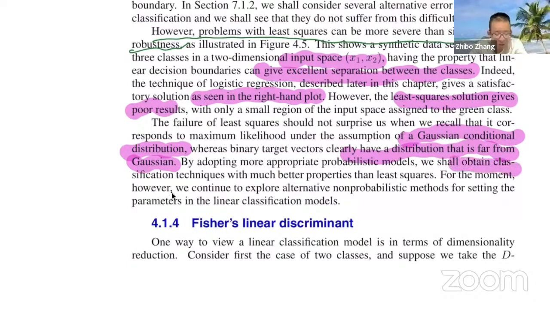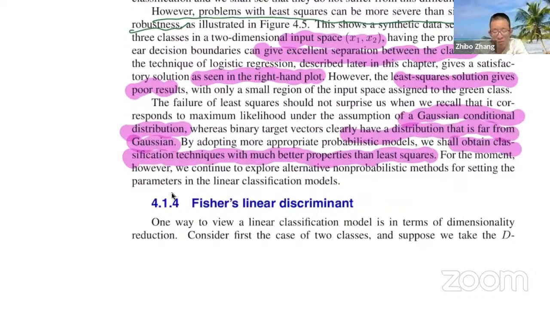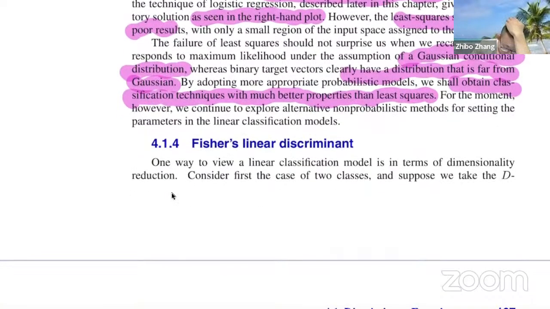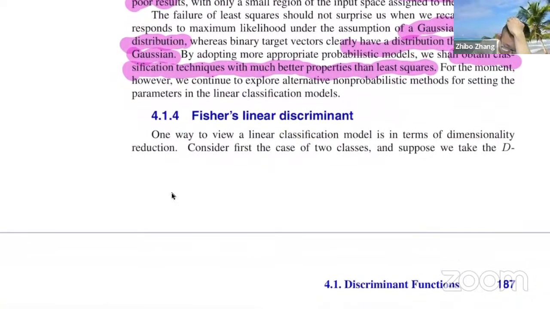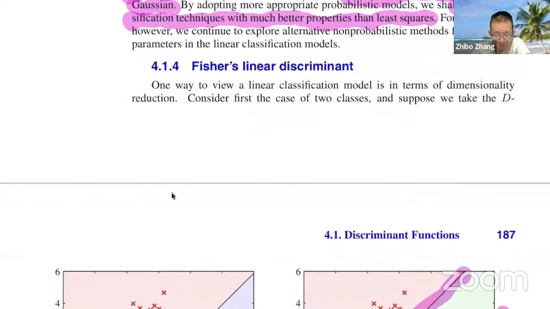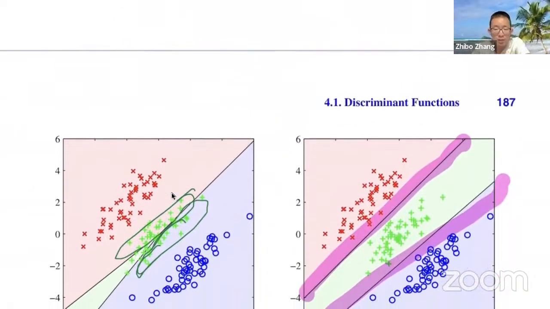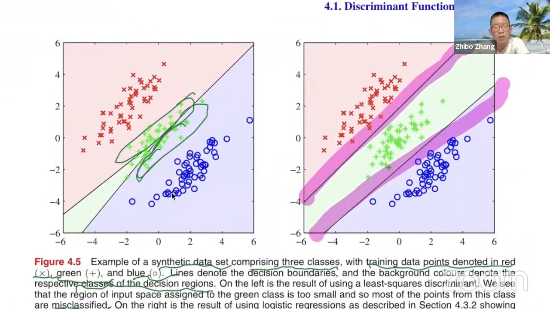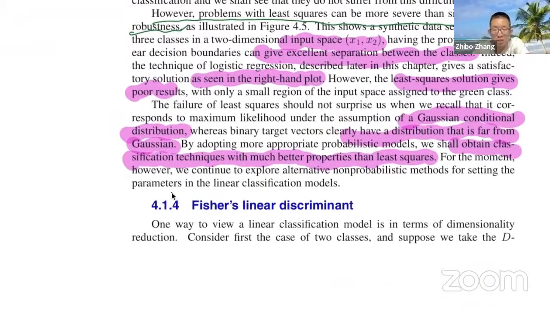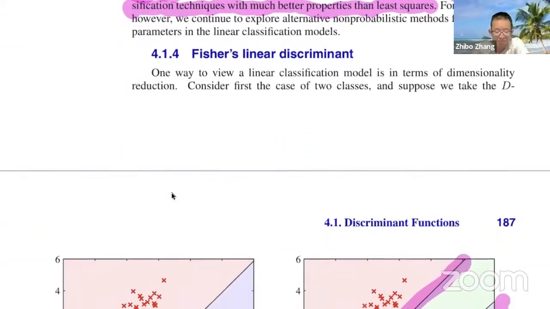For the moment, however, we continue to explore alternative non-probabilistic methods for setting the parameters in the linear classification models. As we will see later on, the probabilistic approach is a wonderful way to do multi-class classification.